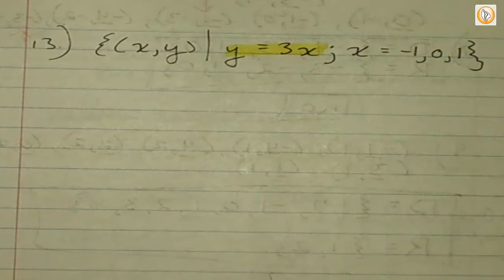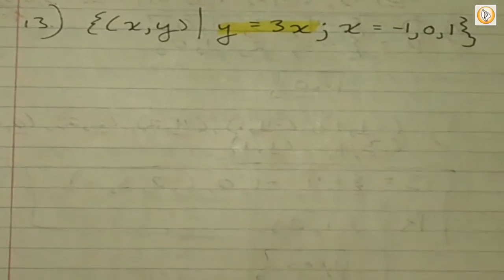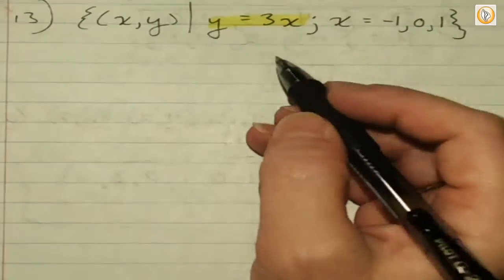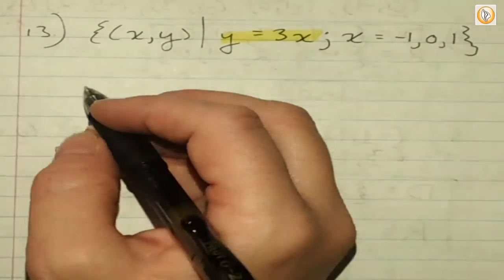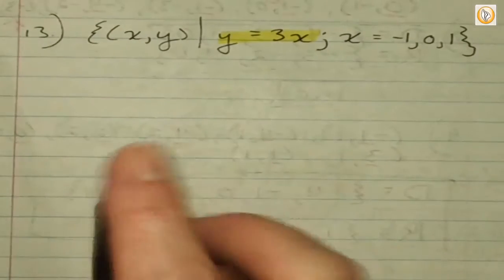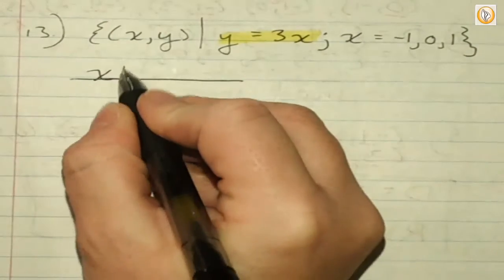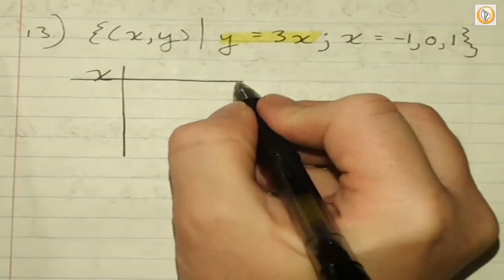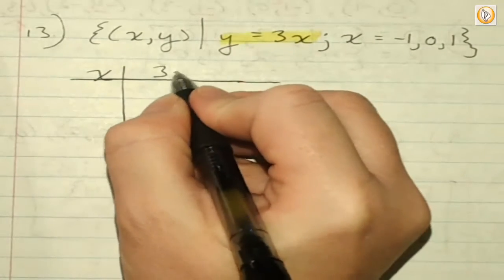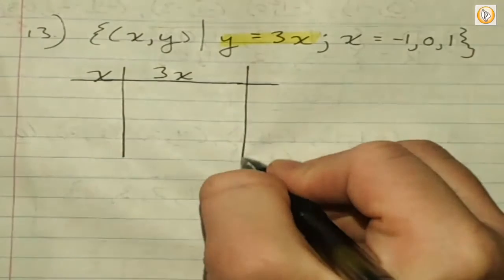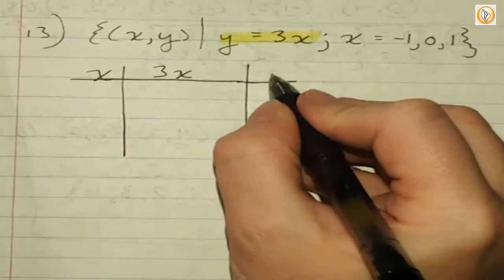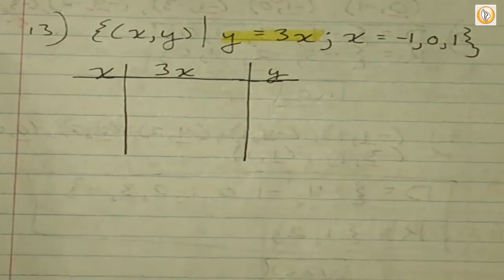All right, so we're going to do like we did on that other one. Here is your equation. This is what we did last time. We're going to make the table. I'm just going to go ahead and put y over here instead.